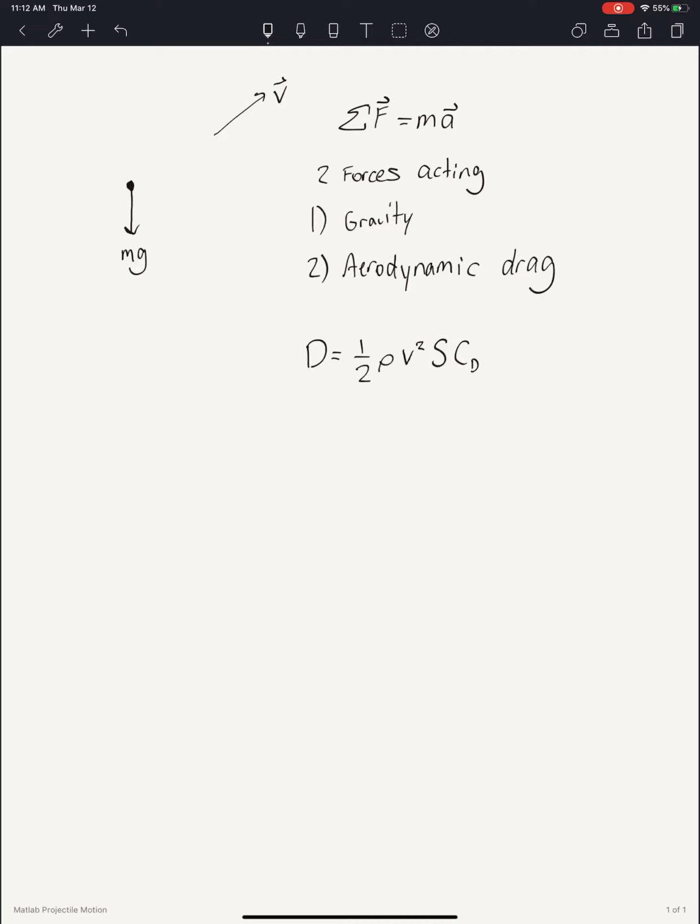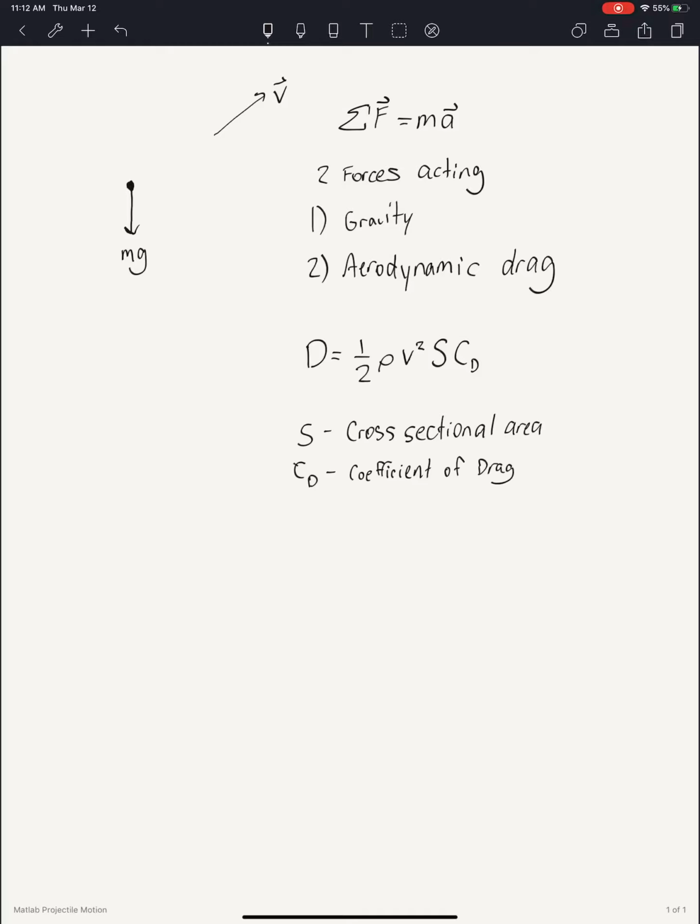Okay, so in this, S is a cross-sectional area. The coefficient of drag, generally speaking, has a single value for an object of a certain shape.